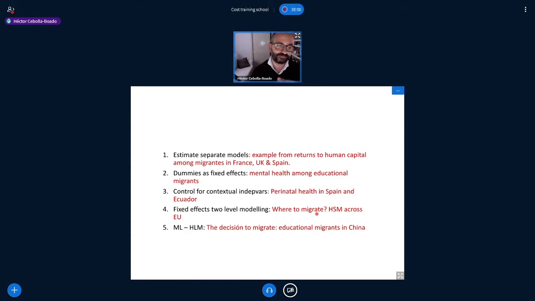A third solution could be to control for contextual independent variables. You may not need to introduce dummies or to separate your data or estimate separate models. Depending on the kind of research question that you have, you can eventually be happy by simply controlling for contextual independent variables.